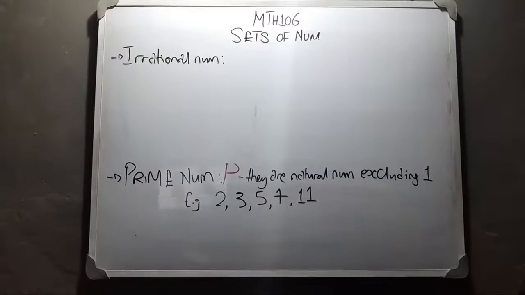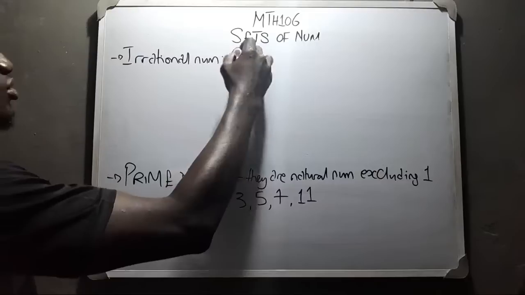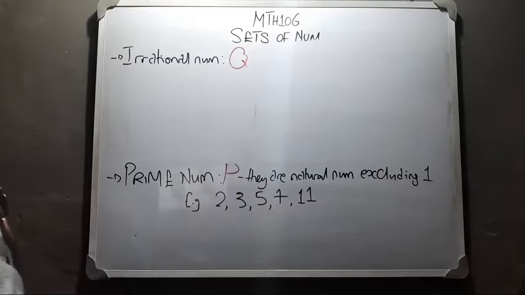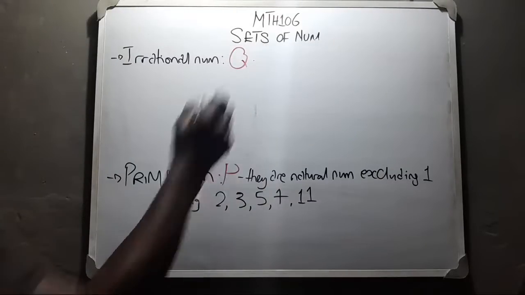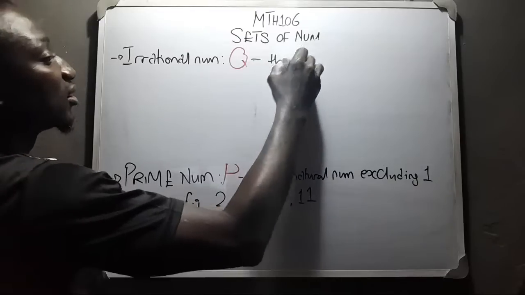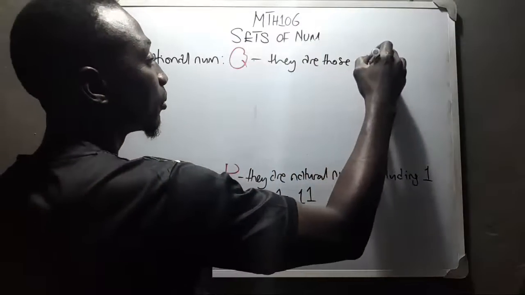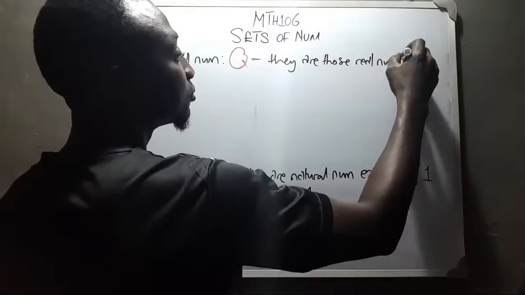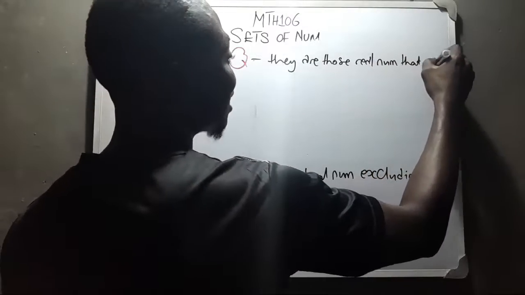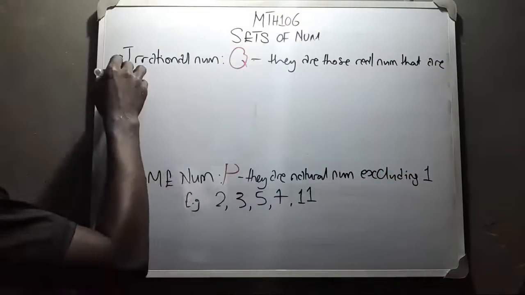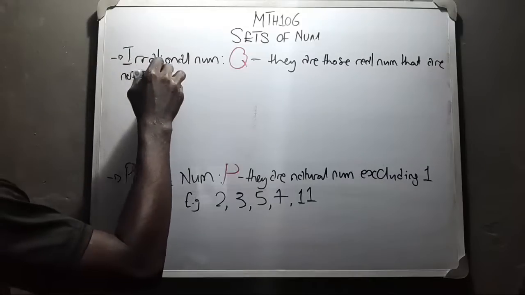Now, irrational numbers are those real numbers which are not rational. Irrational numbers are denoted with Q. They are those real numbers that are not rational.